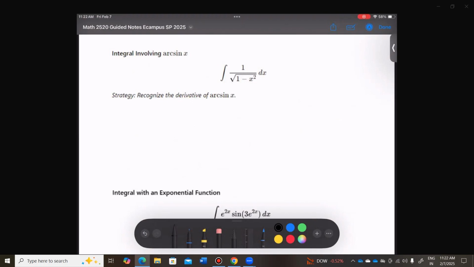So similarly, if we look at integrals that have square roots of like 1 minus x squared, we can use arc sine and recognize this as the derivative of arc sine. So 1 over square root of 1 minus x squared is the derivative of inverse sine of x.